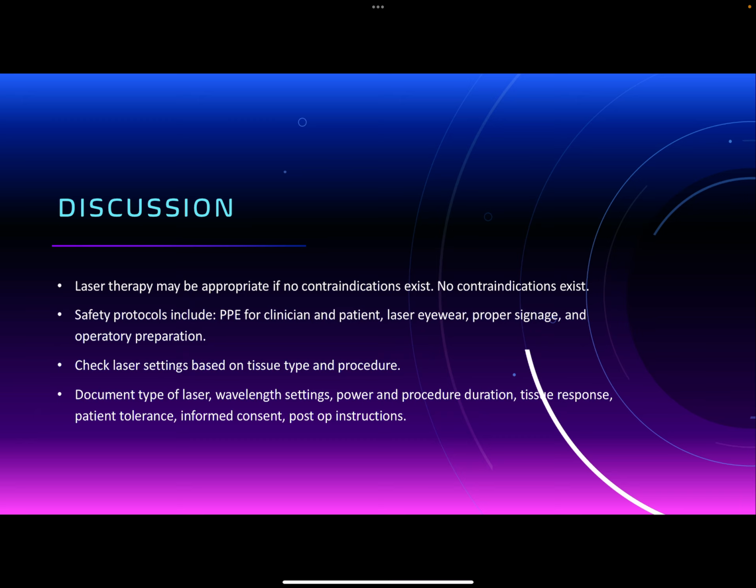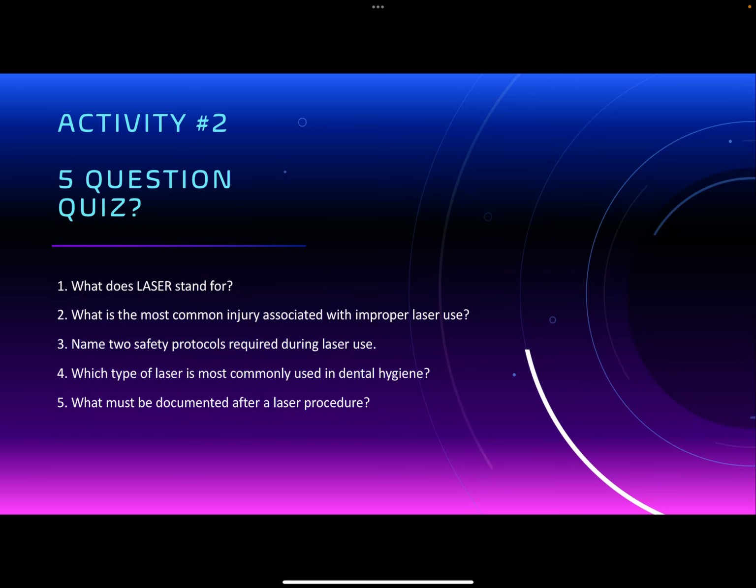And before you use it, you check the laser settings based on the tissue type and procedure. And documentation: document type of laser, wavelength, settings, power and procedure duration, tissue response, patient tolerance, and informed consent, and post-op instructions.